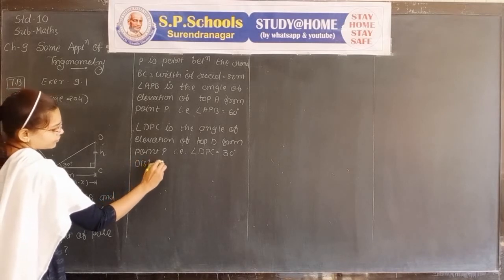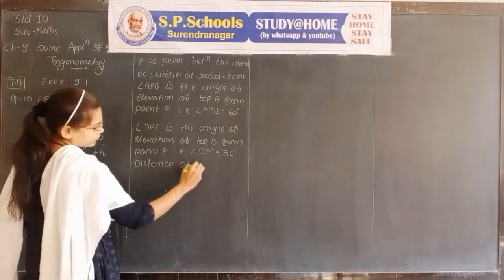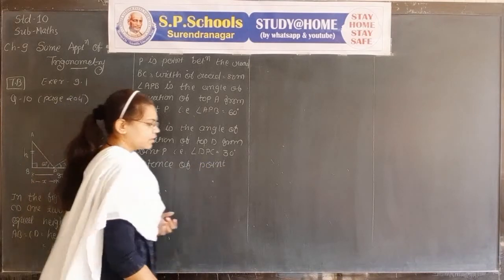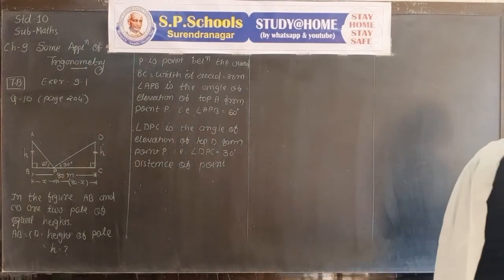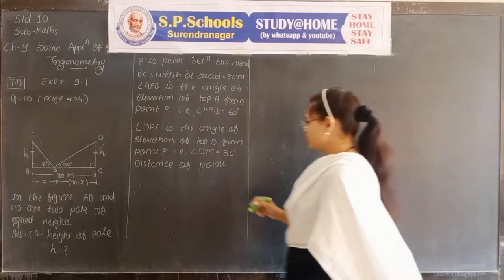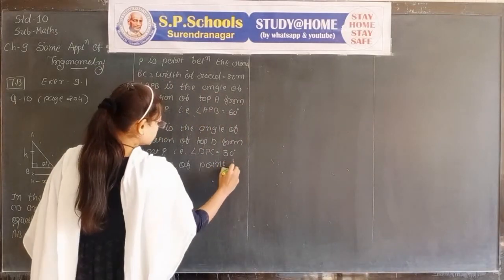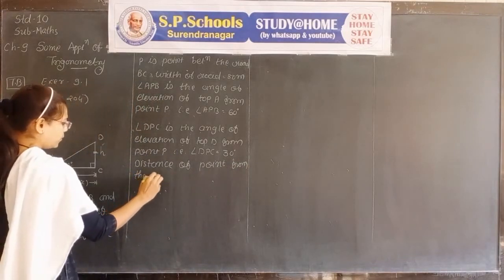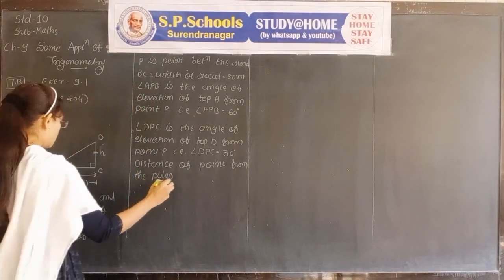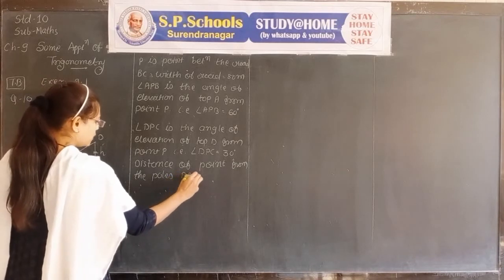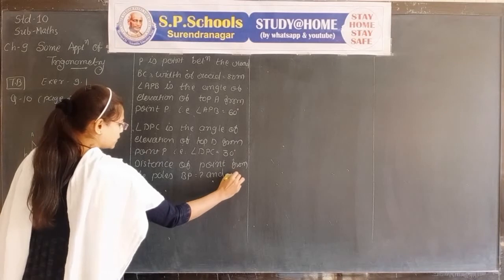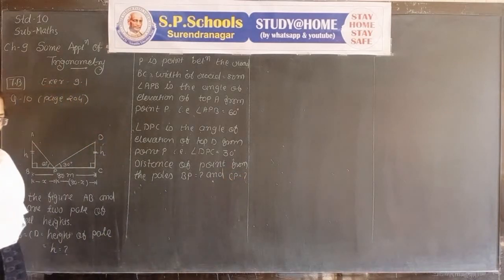Distances of point P, distances of the point from the poles, BP is equal to question mark and CP is equal to question mark.